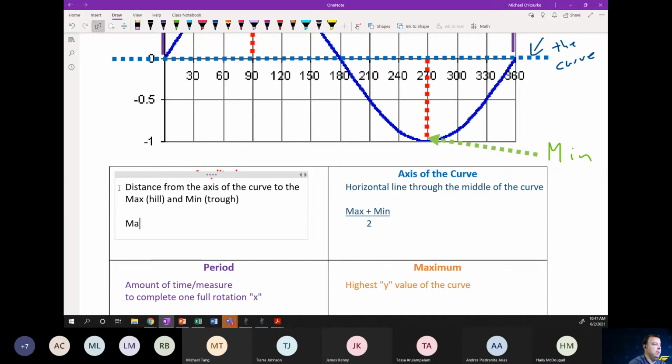And that is max minus min divided by 2. This number is always positive, okay? This number is always positive.